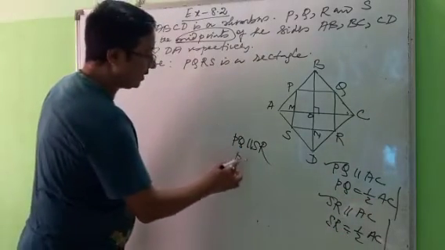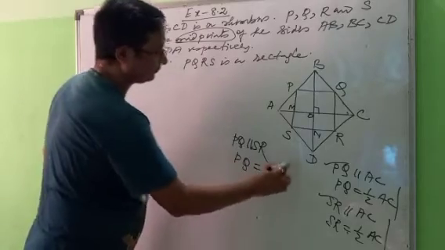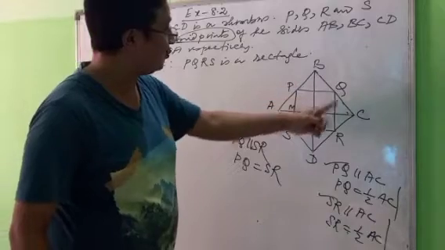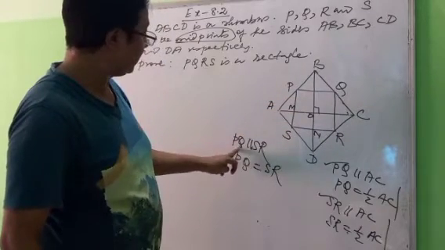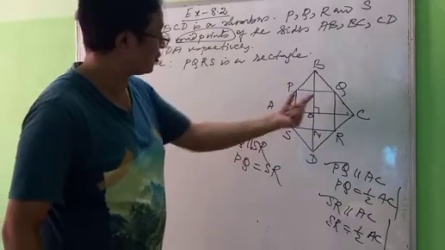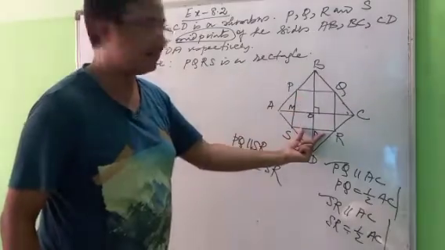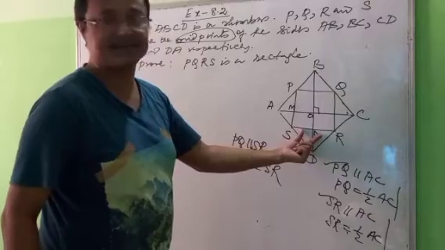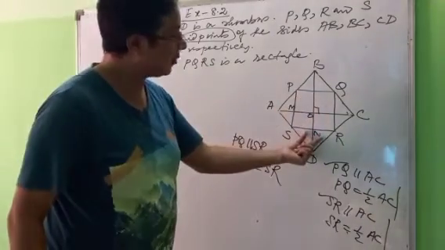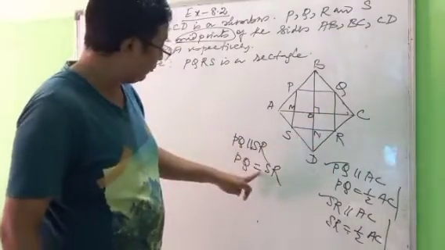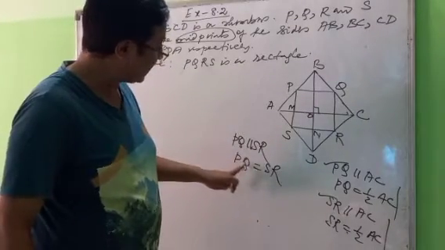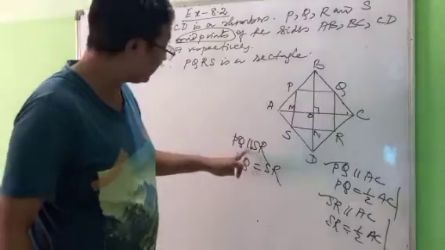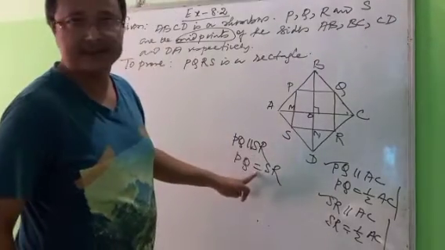So you got PQ equals SR. Now you see, in this quadrilateral PQRS, PQ is parallel to SR, and PQ equals SR. So you got that one pair of opposite sides equal as well as parallel. They are the same pair, PQ, SR. One is parallel, one is equal.